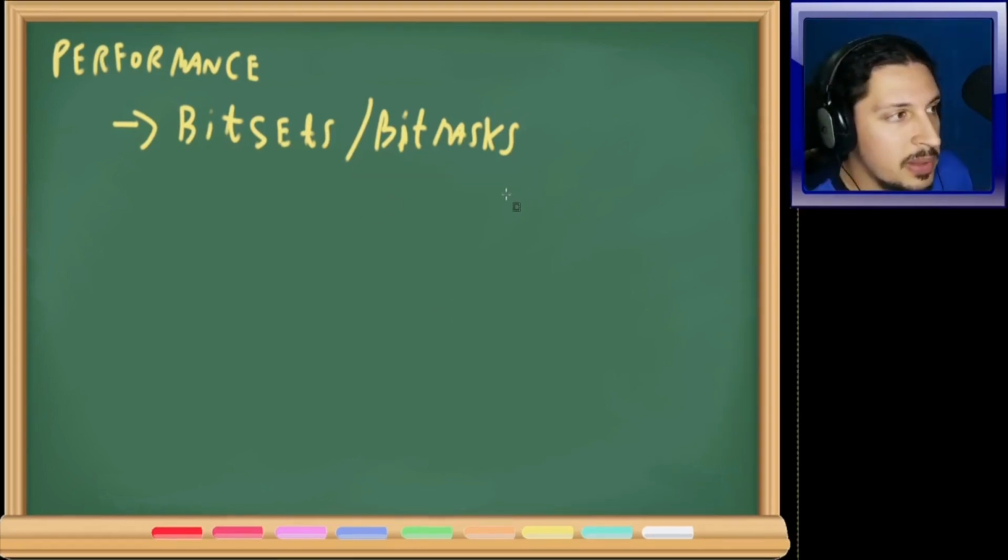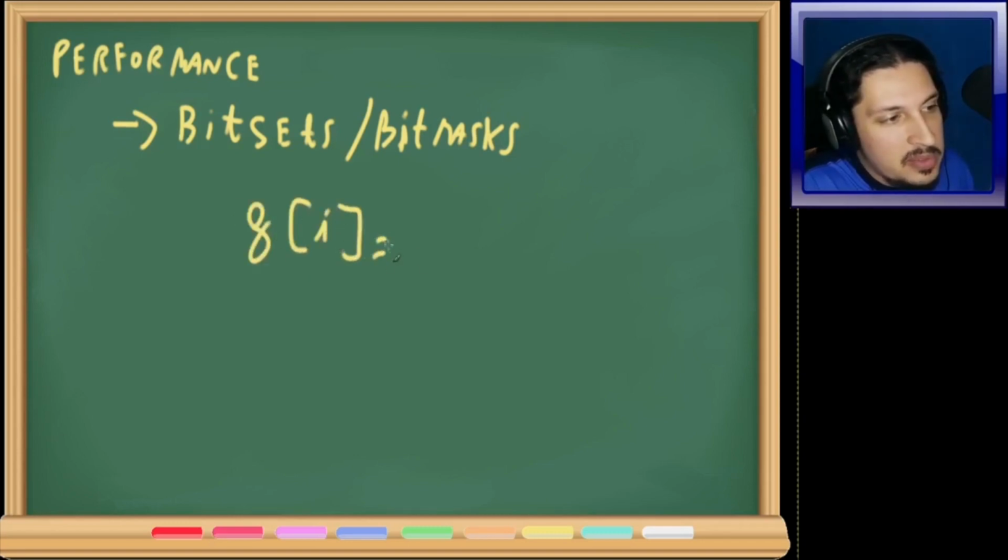Like, instead of having an adjacency list, you can have an adjacency bit mask, so to speak, so that you have a G of I, and instead of this being a list of all the neighbors, this could be just a bit mask which has one precisely at the neighbors of this vertex.